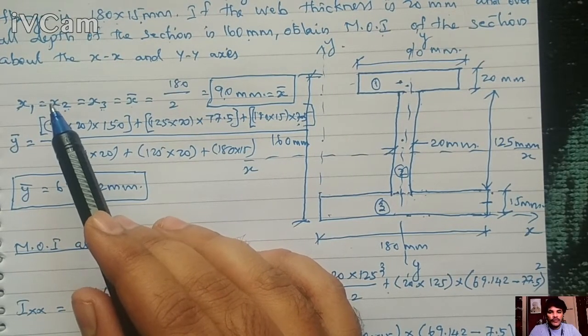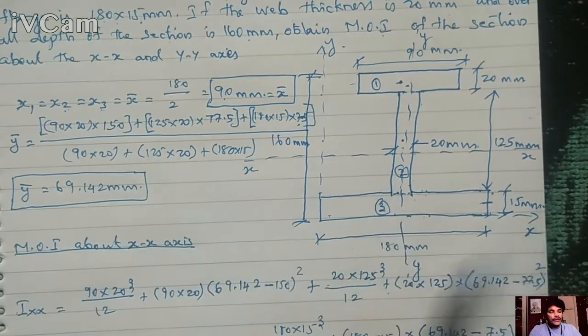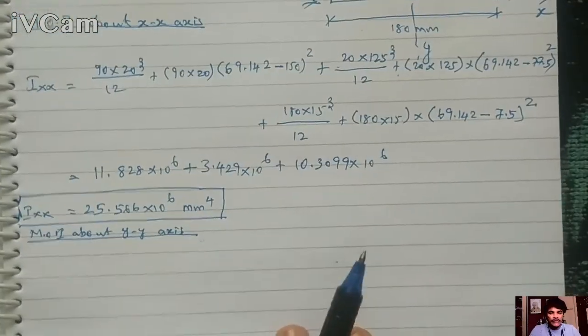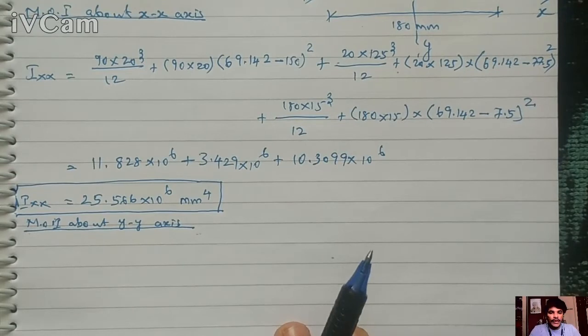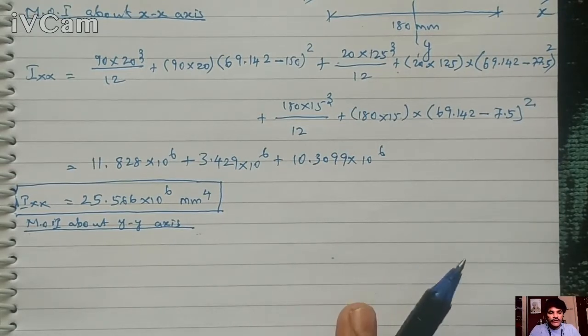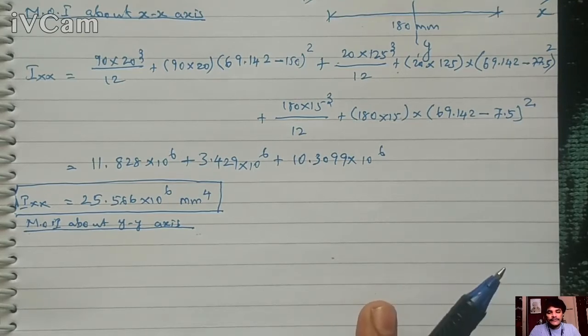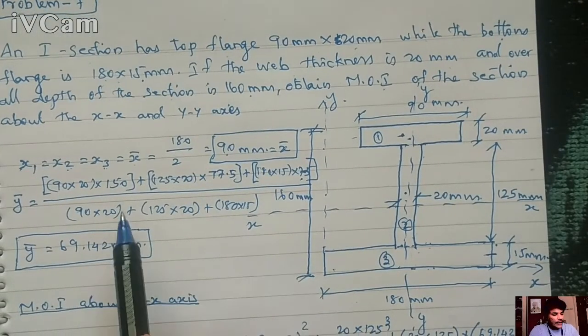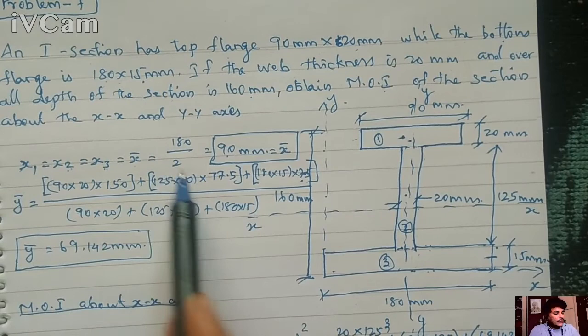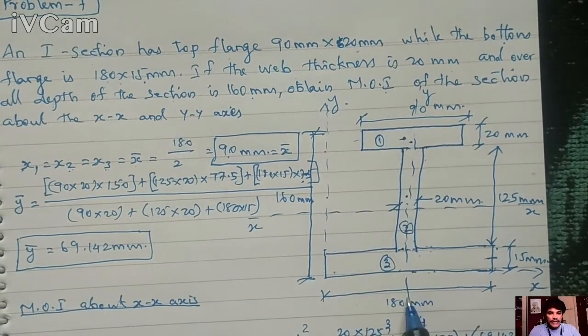You can just put d1 b1 cube divided by 12 plus d2 b2 cube divided by 12 plus d3 b3 cube divided by 12. h1 bar, x bar minus x1, is 0. h2 bar, x bar minus x2, is also 0, and h3 bar, x bar minus x3, is also 0, because all x1, x2, x3 and x bar values are the same, all centroids lie on the same line.